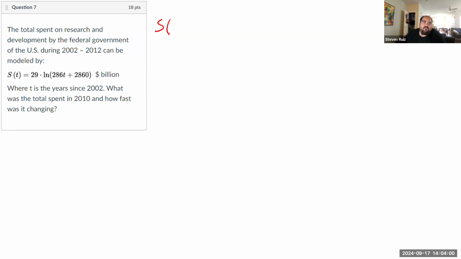I care about how much was spent 8 years after that, so I want S of 8. S of 8 is equal to 29 times the natural log of 286 times 8 plus 2860. And the value I got for that was 247.84. What does that mean in the context of the problem here? This is in billions of dollars. So in 2010, we spent $247.84 billion.